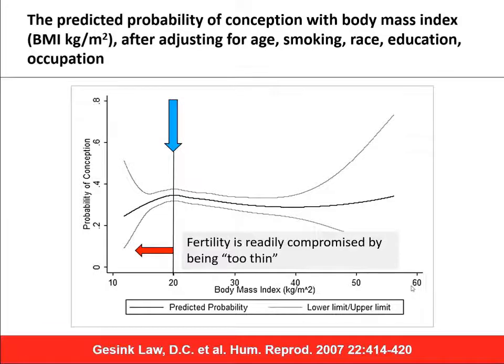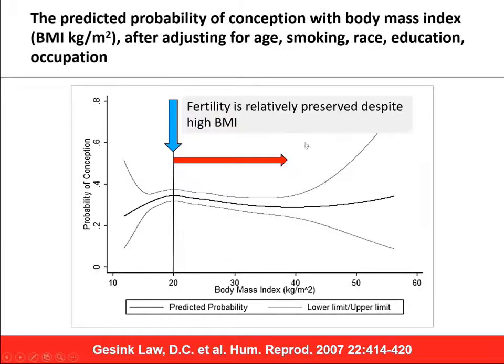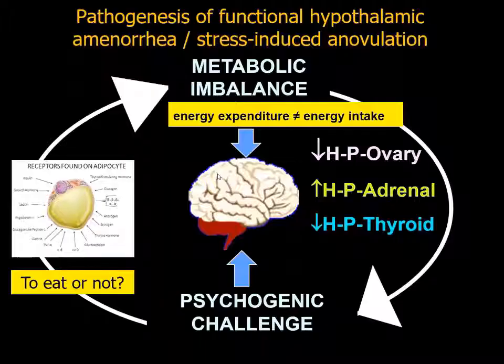So we know that fertility is readily compromised by being too thin, and that fertility is relatively not compromised by being overweight. And so, if you had to choose between the two, and fertility was the desired goal, a little too much weight is better than a little too little, as long as the too much weight does not reflect chronic stress.